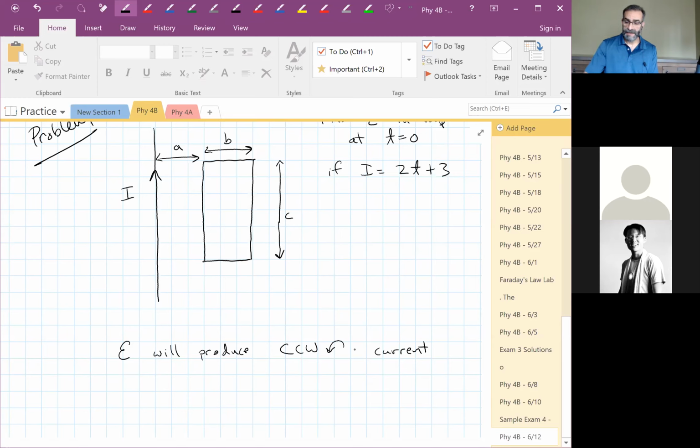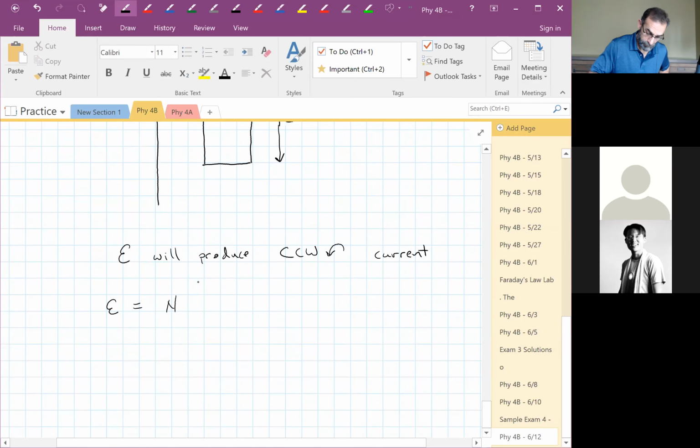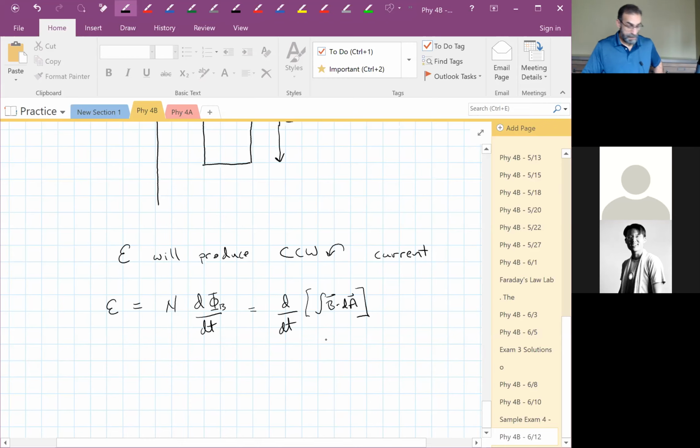All right, let's find the value of the EMF. Are you doing that? All right, and we ask ourselves, is B constant over the area?